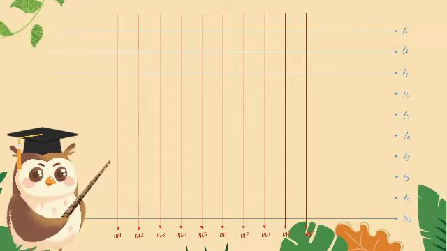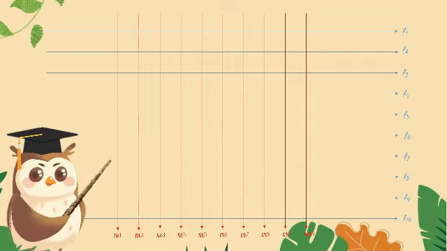In the illustration, it can be seen that line L1 is parallel to line L2, line L3, and so on until line L10. And so, line M1 is parallel to line M2, line M3, and so on until line M10.